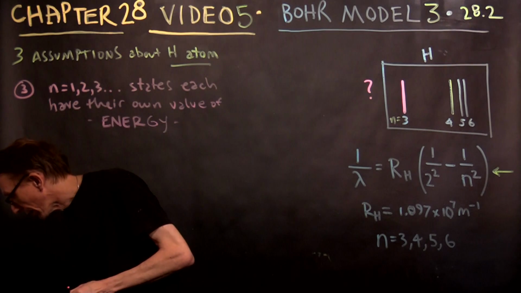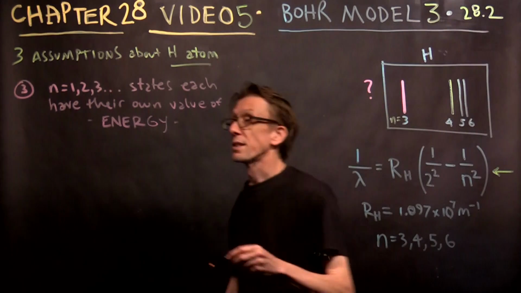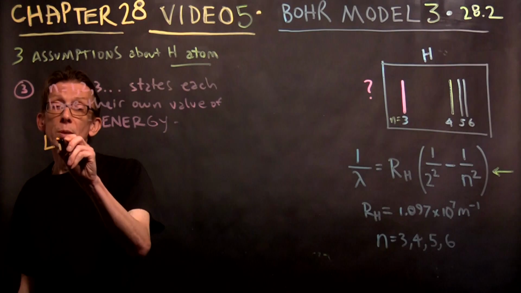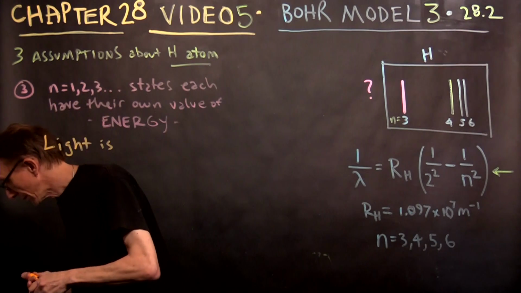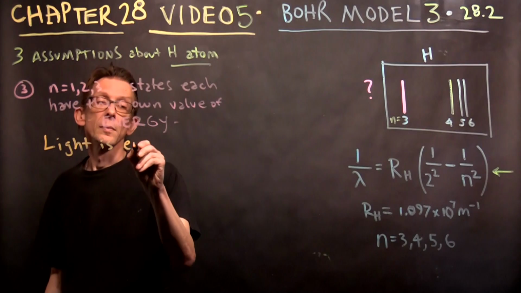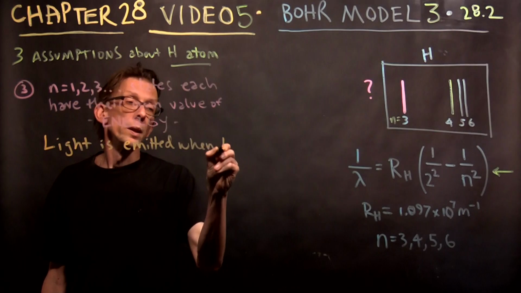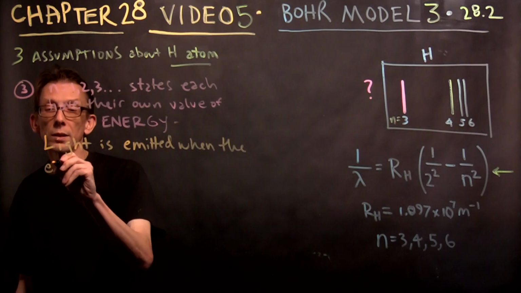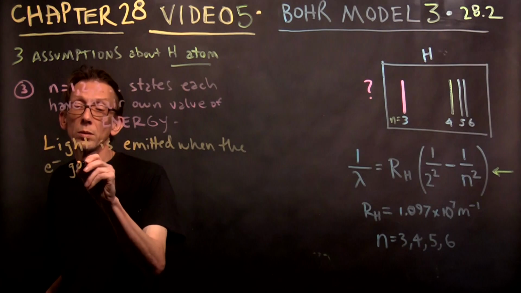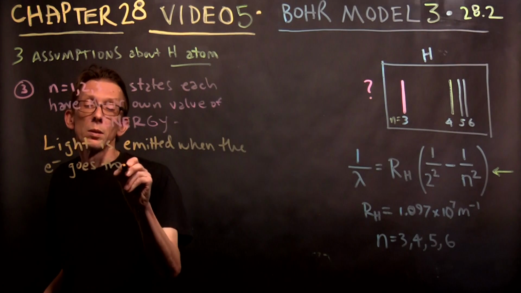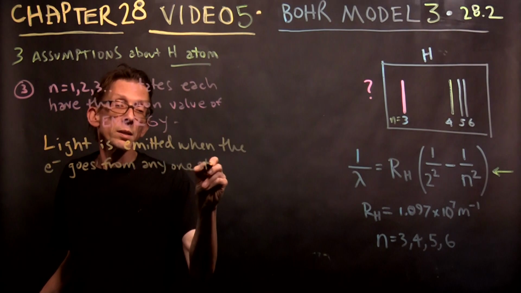And how do I have it worded here? His third assumption said that light is emitted when the electron goes from any one state to any lower state.